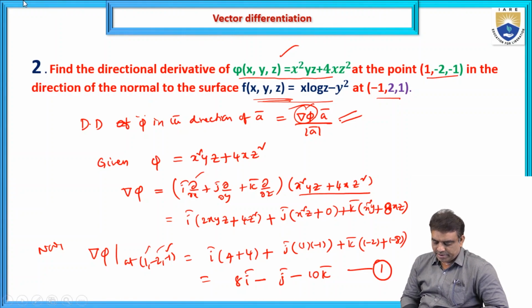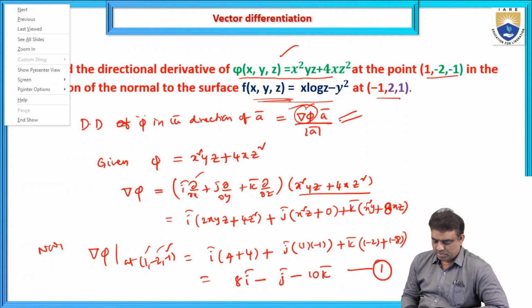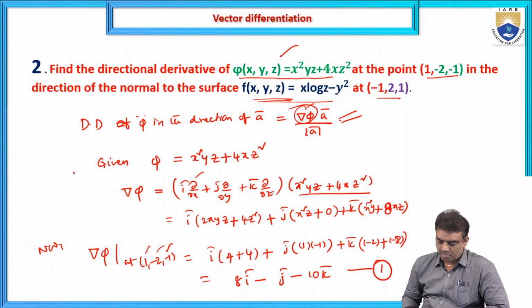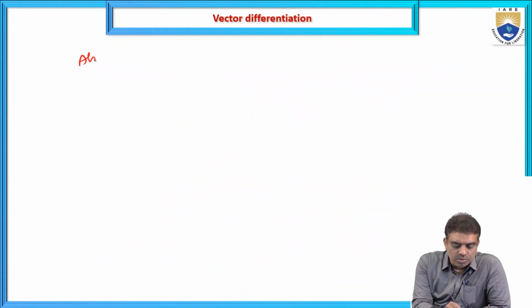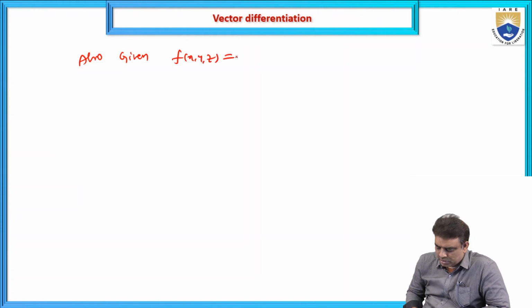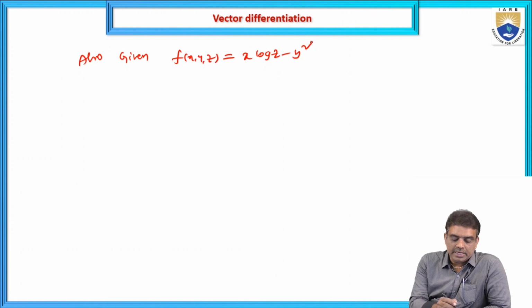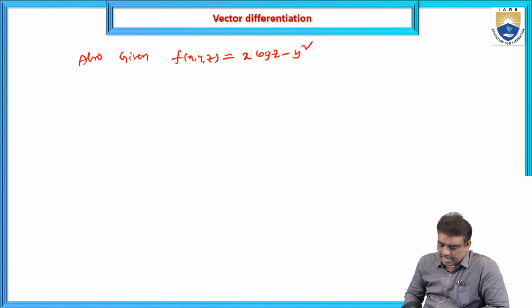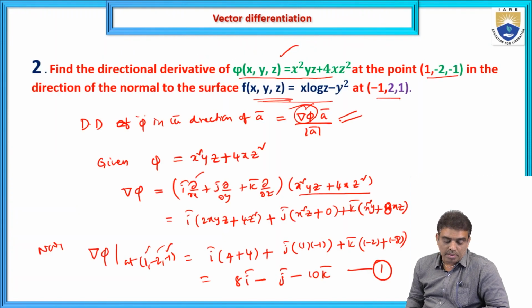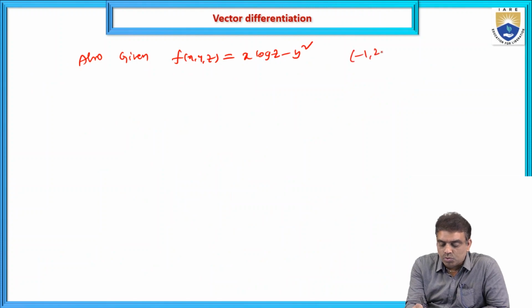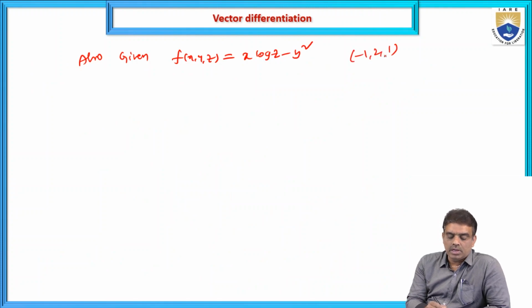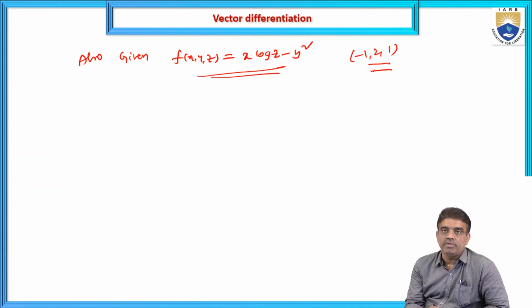Given another function of x, y, z, which is x log z minus y square. So the normal vector to the function at the point is a bar.